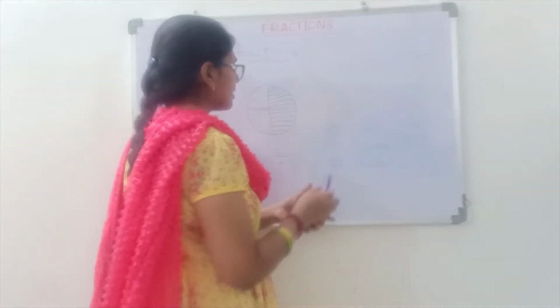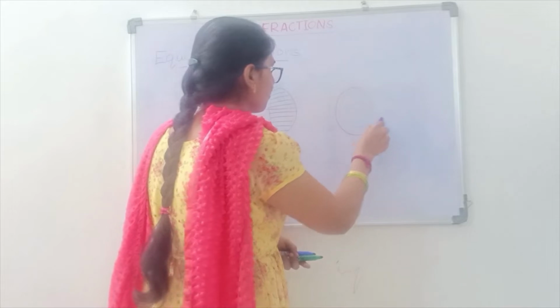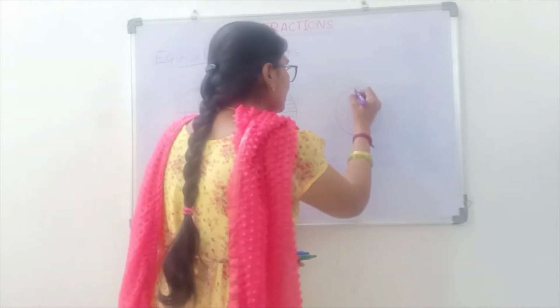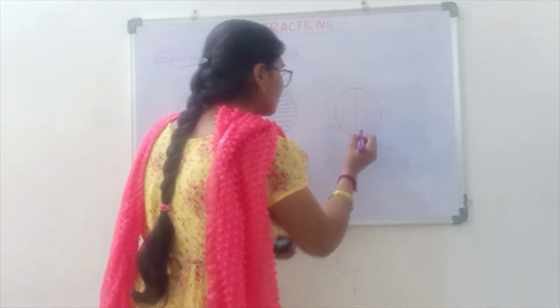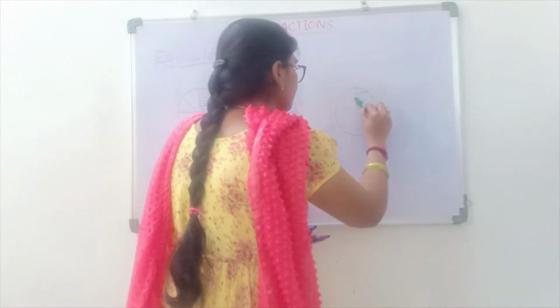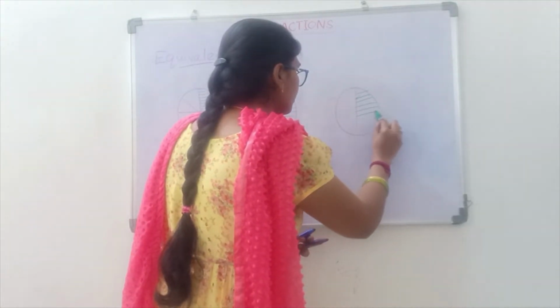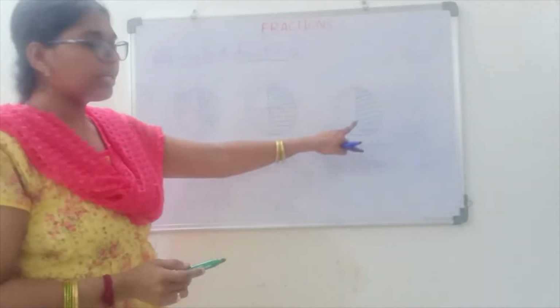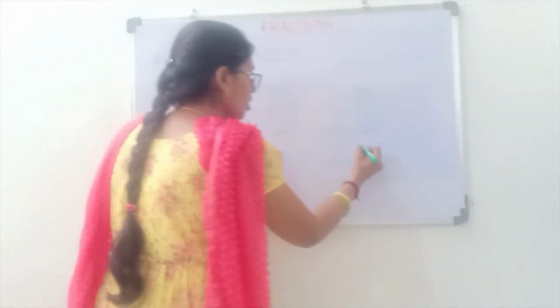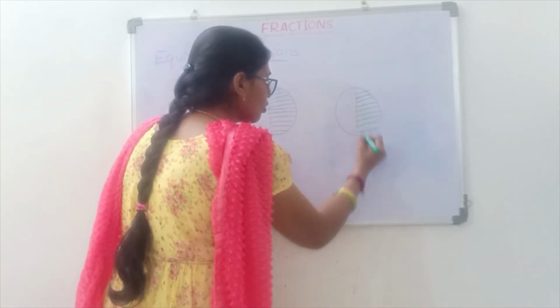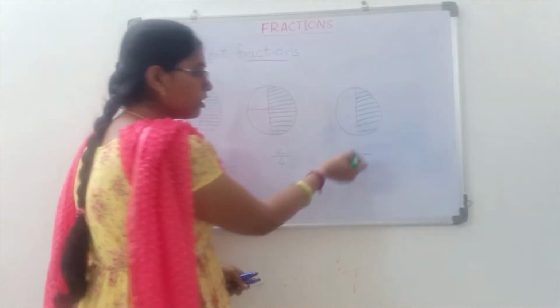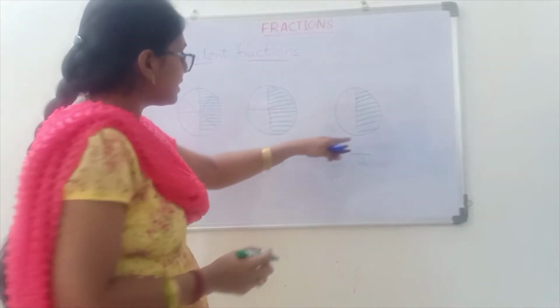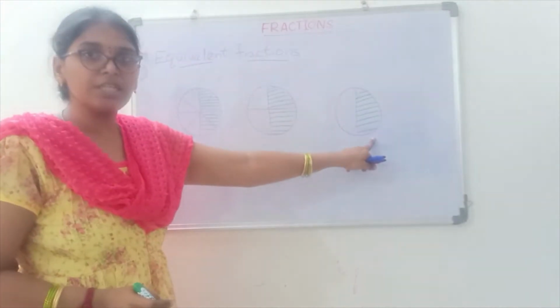Suppose consider another circle. And let us divide this circle into half. Now tell me the fraction for green part. One part is shaded and total number of parts are 2. The fraction we got here is 1/2. But if we see this, here also the portion is same.